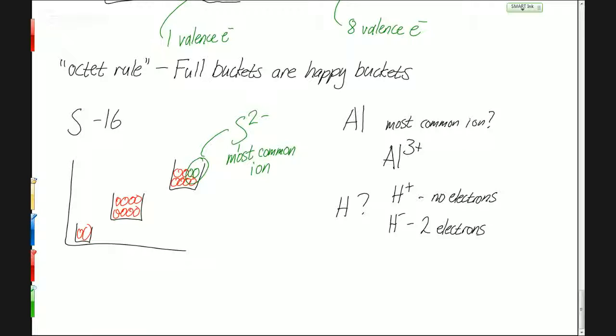All right, so why do we care about what is the most common ion? Part of it is that we can now make compounds and figure out how many of each element we need. Remind us what are compounds?